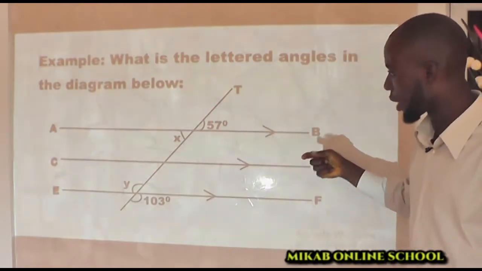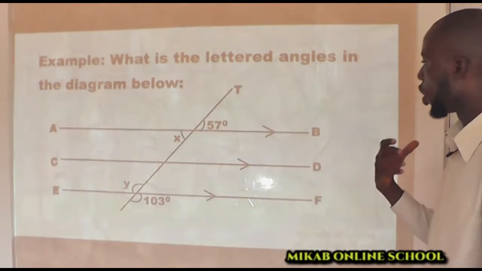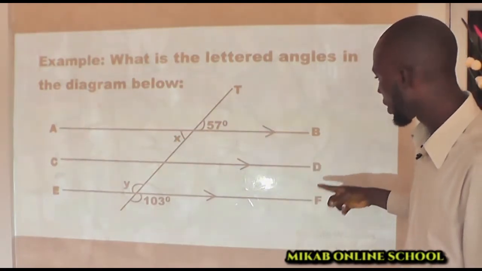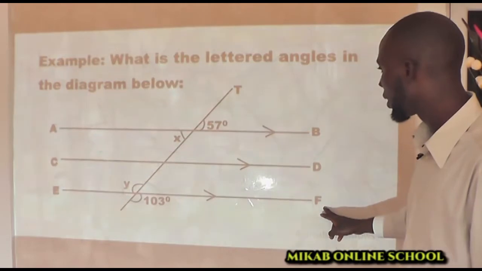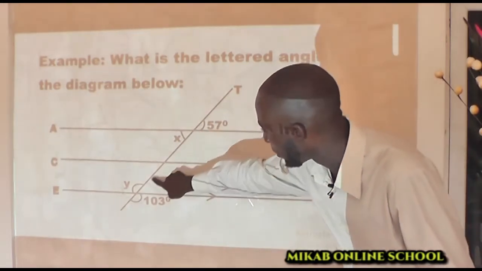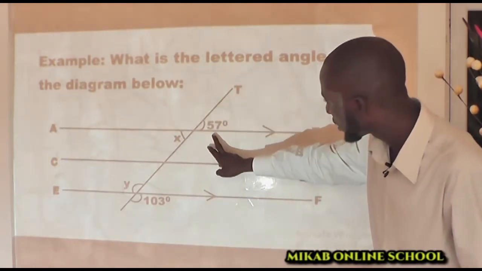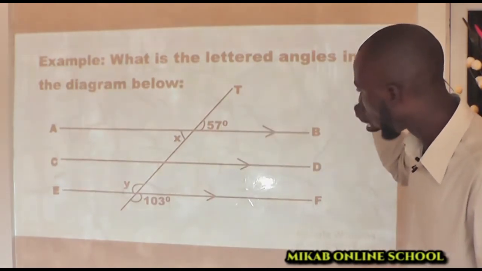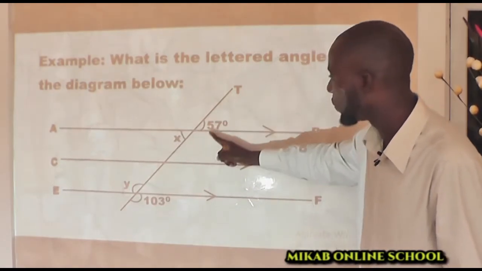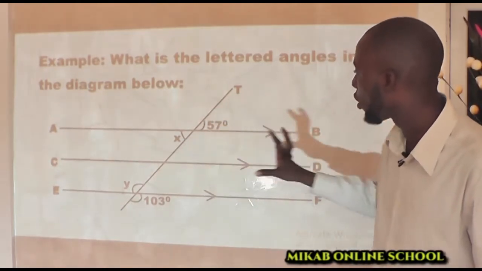If you compare this diagram to the previous one, the parallel lines AB, CD, and EF are cut by the transversal at these points. Comparing this 57 degree angle to the previous diagram, this one is x1, while angle x here is our x2, and x1 must be equal to x2 because they are vertically opposite.